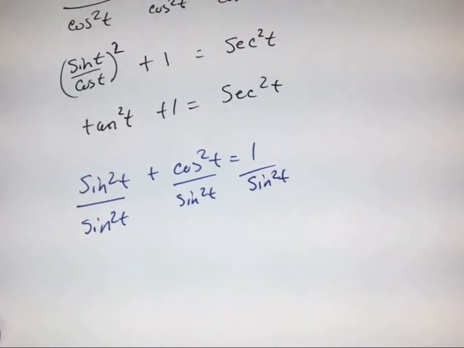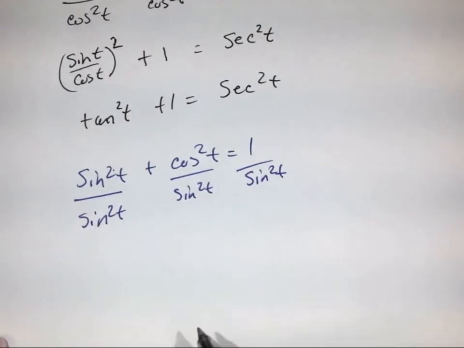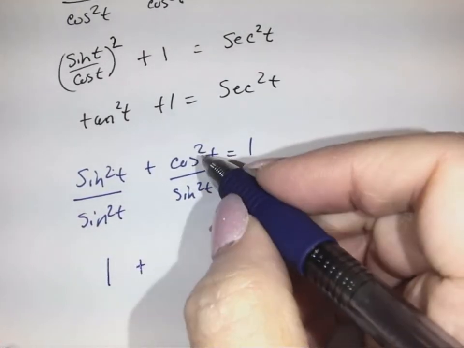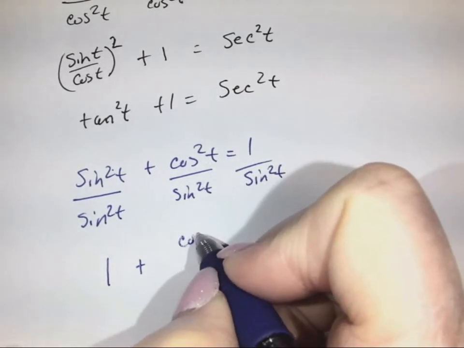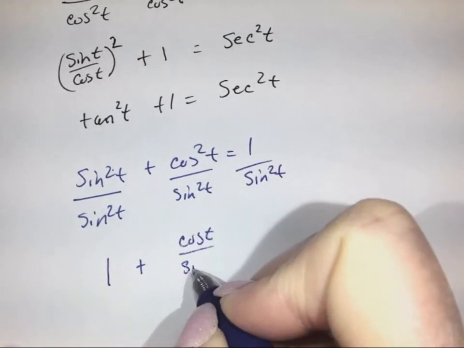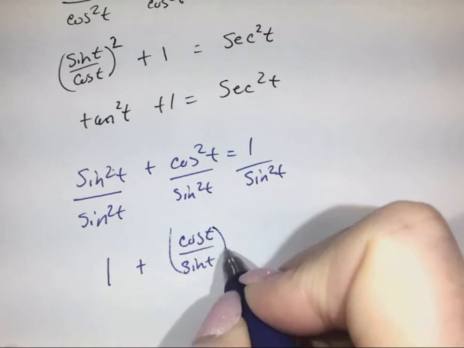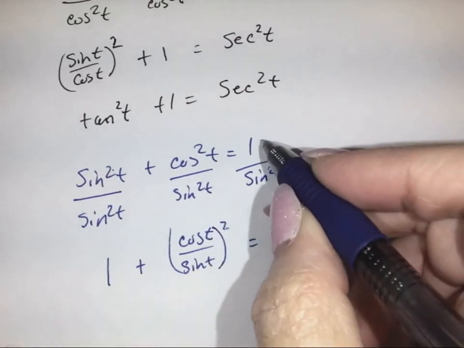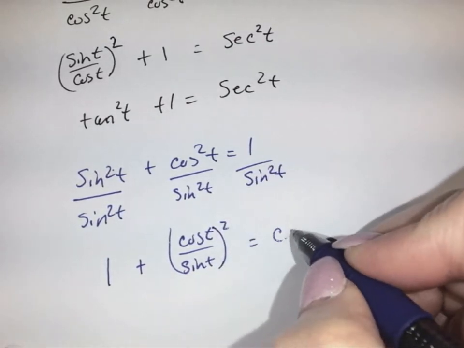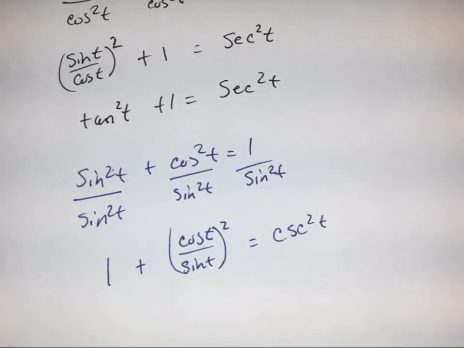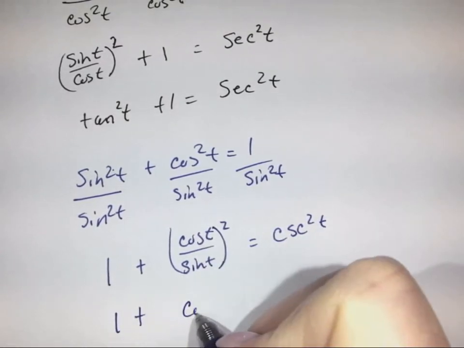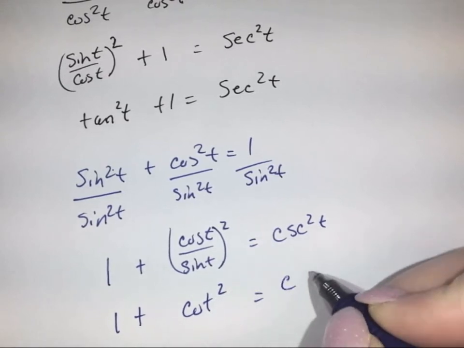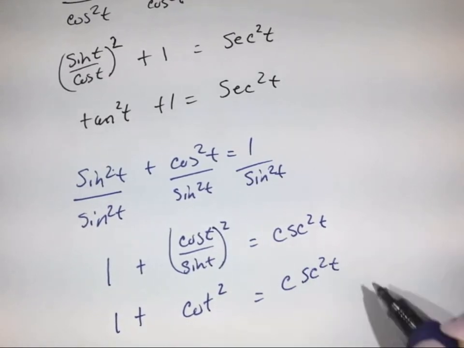Sine squared over sine squared is equal to 1. Cosine squared over sine squared is cosine over sine quantity squared, and 1 over sine squared is cosecant squared. Cosine over sine is cotangent. So 1 plus cotangent squared t is equal to cosecant squared t.